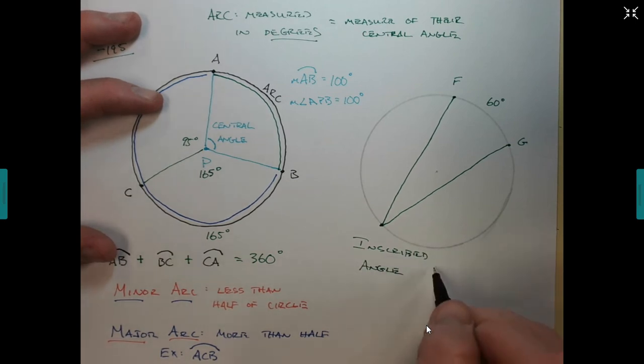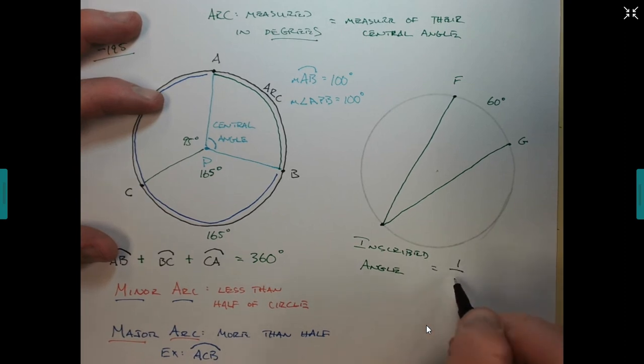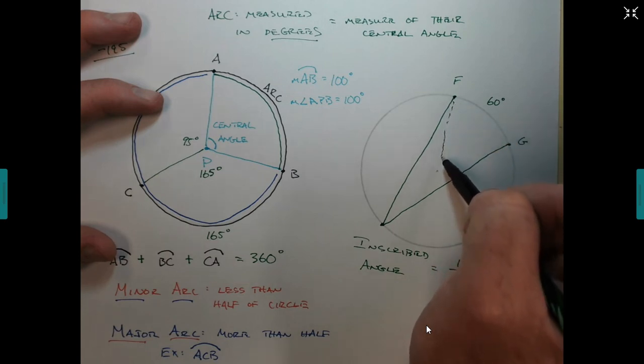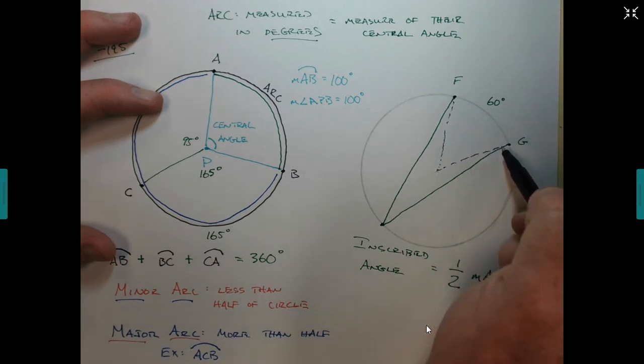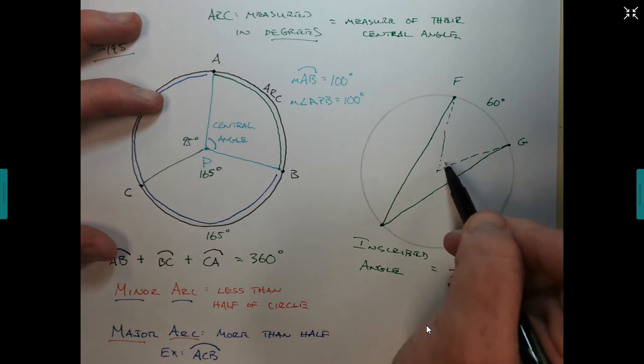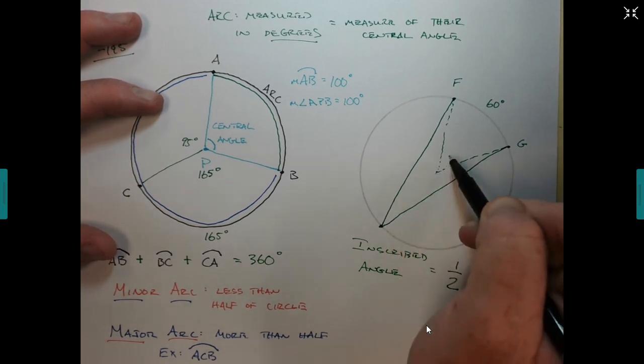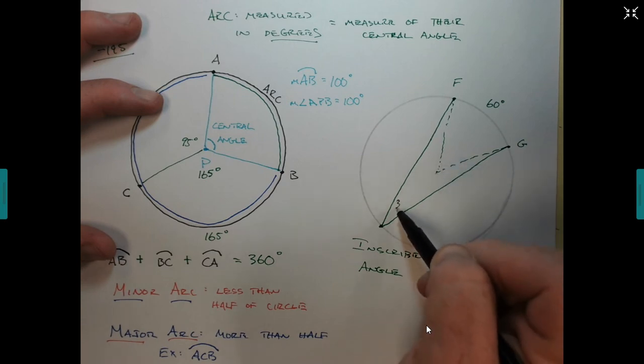An inscribed angle is going to equal half of the measure of its arc. And maybe you can see that the central angle here is bigger than its inscribed angle if I pull the vertex back. So this would be 60 degrees. The inscribed angle would be 30.